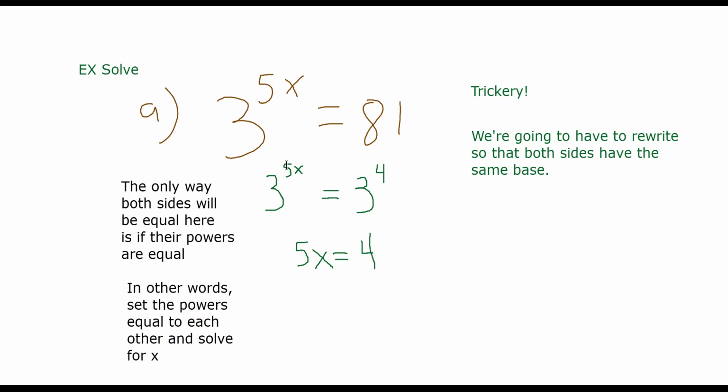You want 3 to the 5x to be equal to 3 to the 4th, then 5x needs to be equal to 4. And so now we can just quickly solve for x here. And you're going to get x equals 4/5.